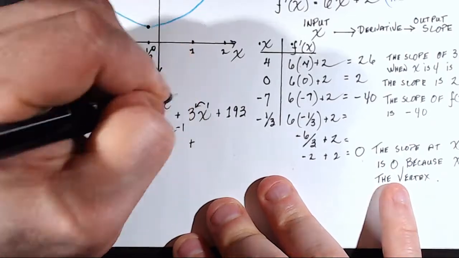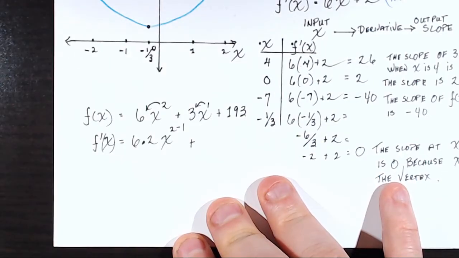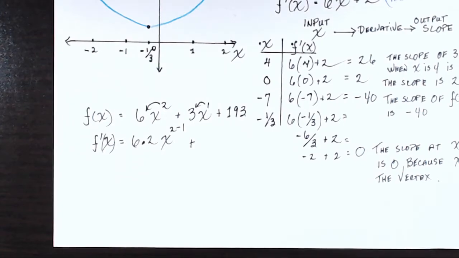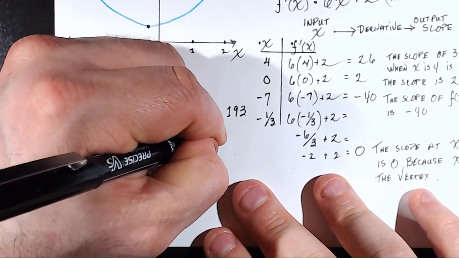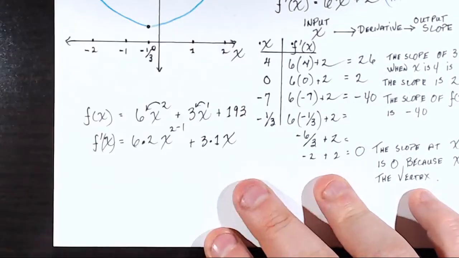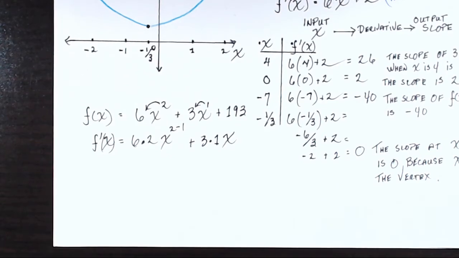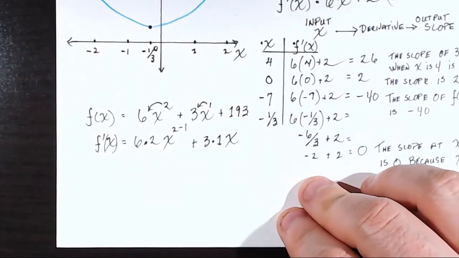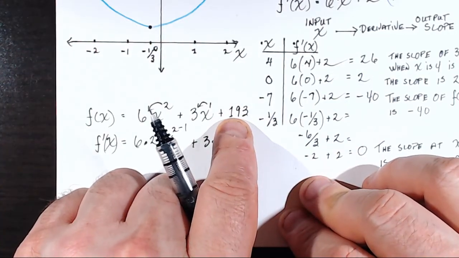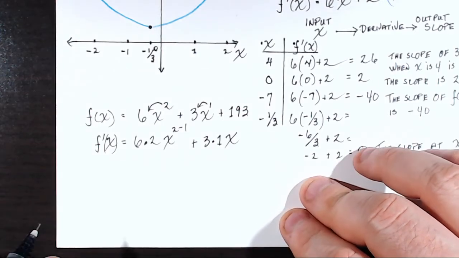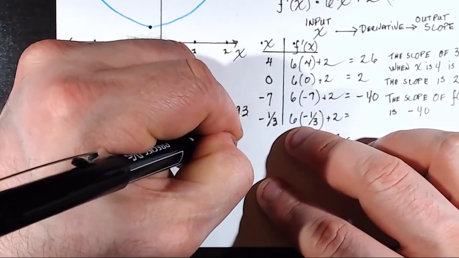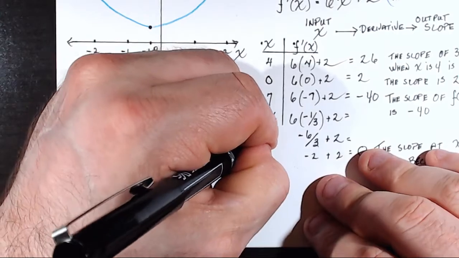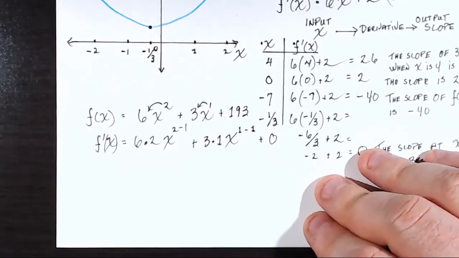Now here we're going to bring the 1 down. So we bring down the 1, and now I've just got 3 times 1 times x to the 1 minus 1. And we drop the last term. The constant term, 193, disappears entirely, it just becomes a 0.